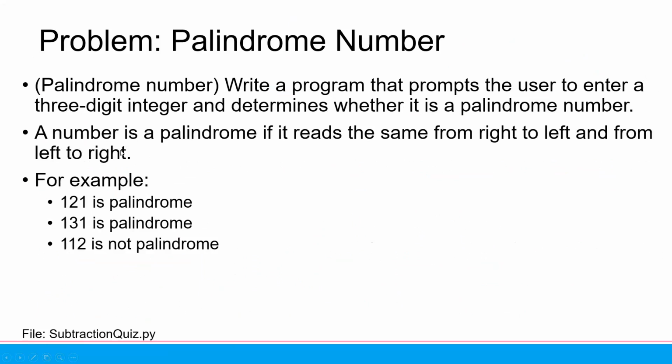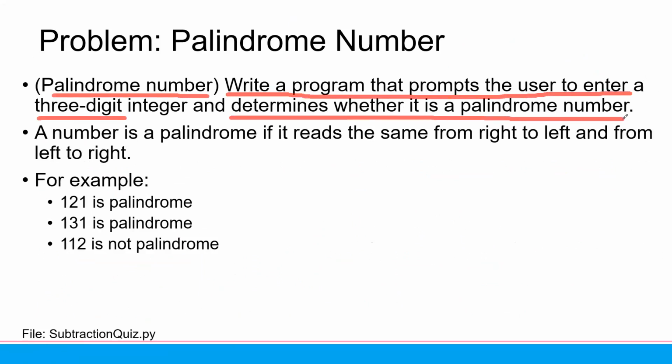Okay, now we have a problem about palindrome number. What is a palindrome number? Write a program that prompts the user to enter a 3-digit integer, and determines whether it is a palindrome number.